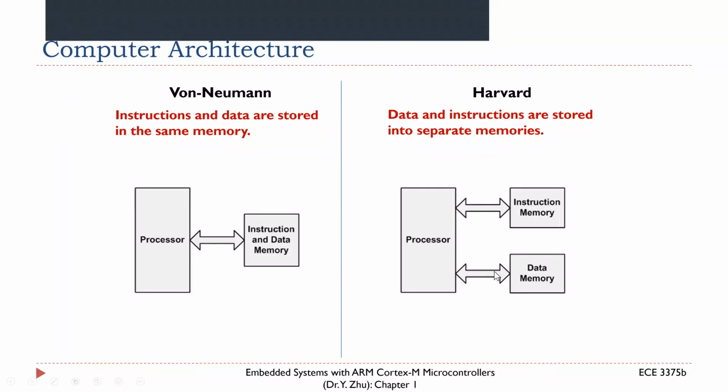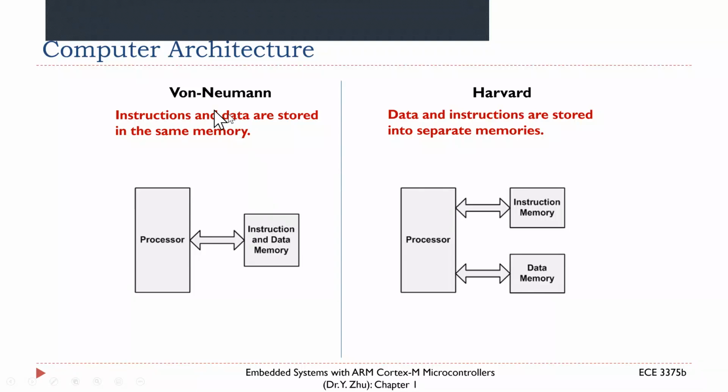And at the same time, it could perform the operation on the data and also read the instruction. That introduces a kind of parallel processing, which improves the performance of the microprocessor in the Harvard architecture.